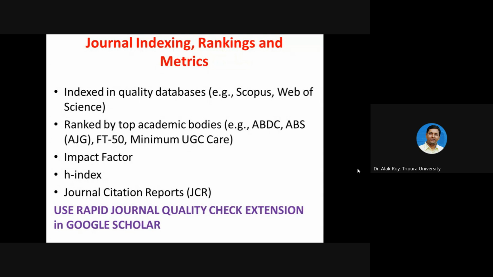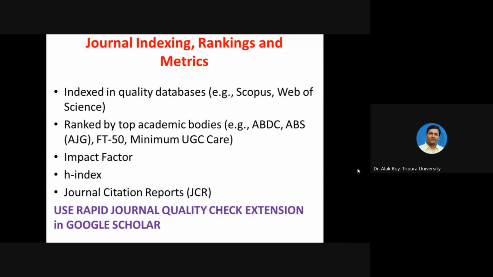Then your h-index, impact factors. Impact factor is obviously given by Clarivate or Web of Science. Now, when we are talking about impact factors, this is not any ranking. The first three I have told you, that is Scopus, then ABDC and all those things, are actually accrediting bodies.